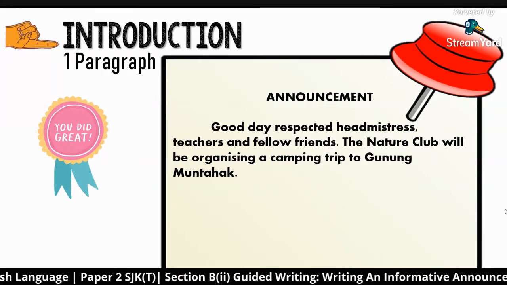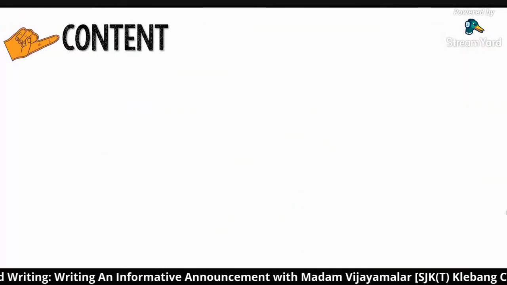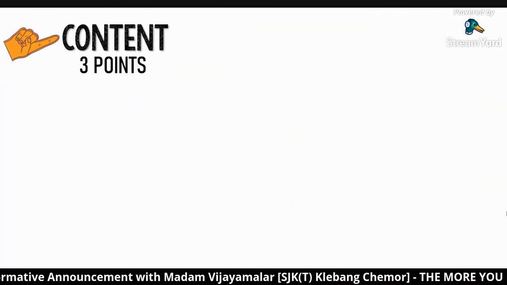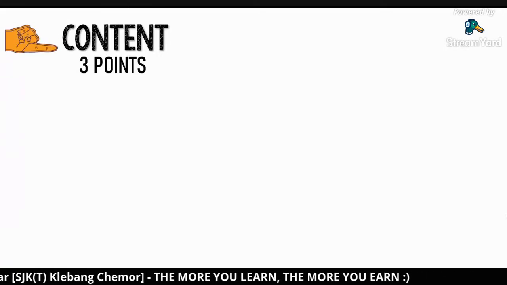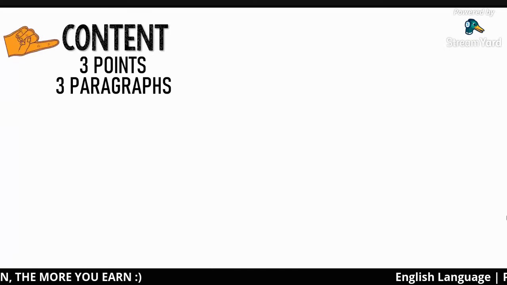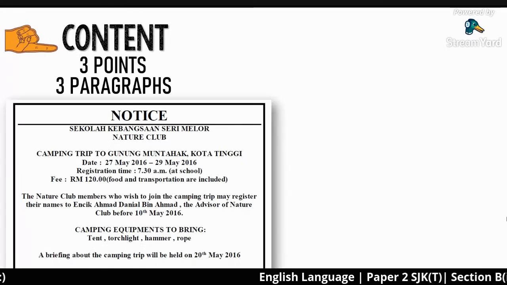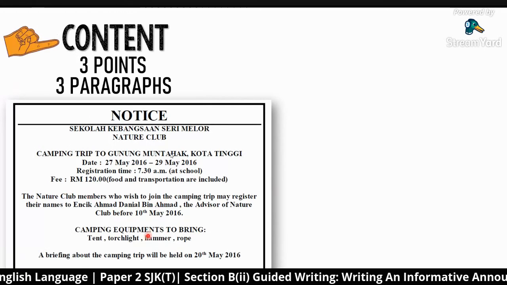Okay, so let's move on to our next one, which is the content. Okay, so remember, you're going to be choosing 3 points. Okay, and it's going to be in 3 paragraphs. There you go. So we have our notice. We're going to be taking the points from here.